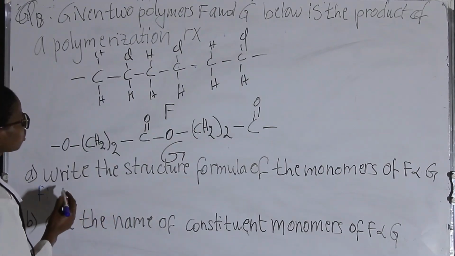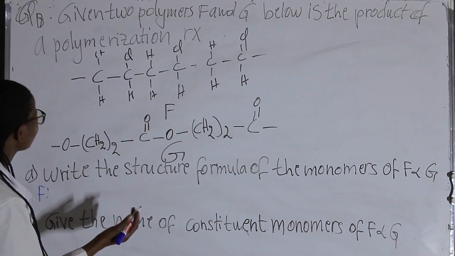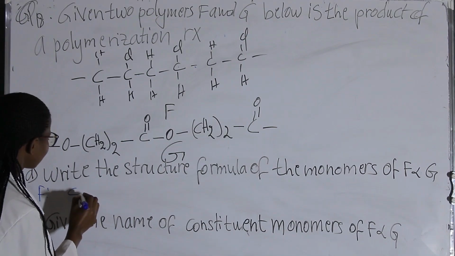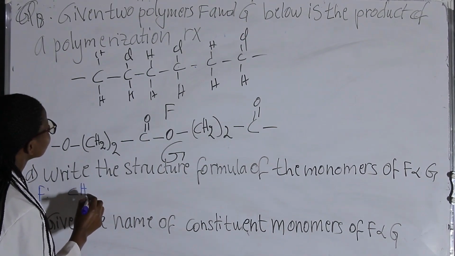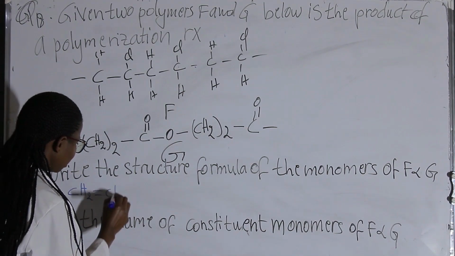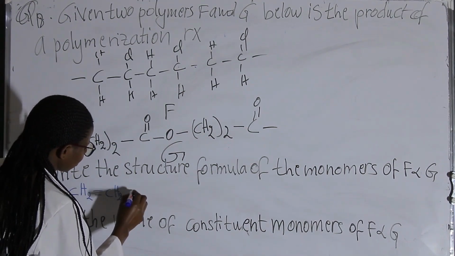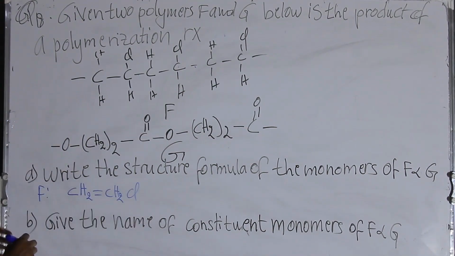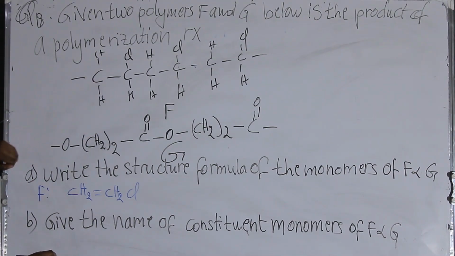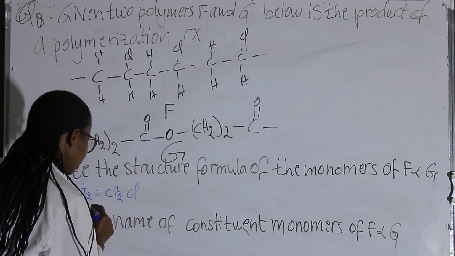This means that the structural formula of the monomer is CH2, CH2, vinyl chloride.